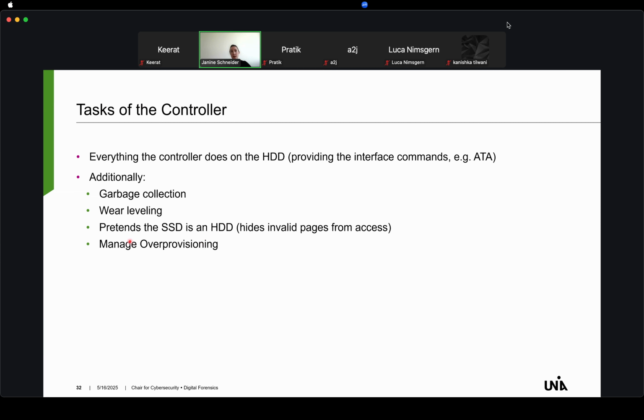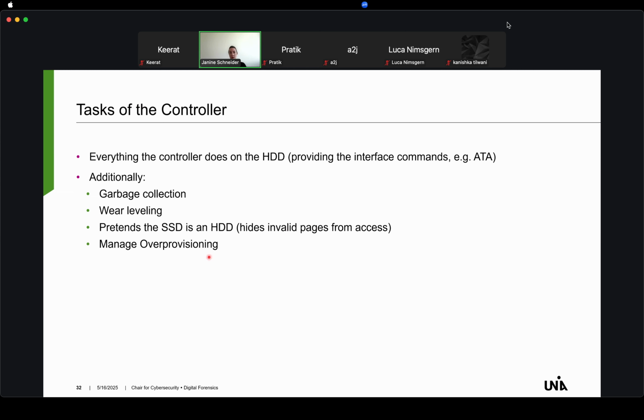So over provisioning is something that manufacturers do in order to repair bad blocks. So the storage on your SSD is usually higher or greater.